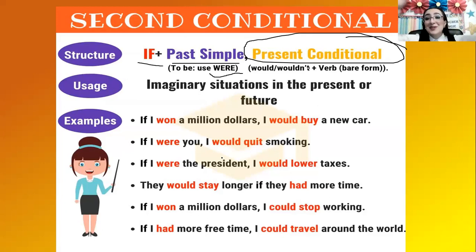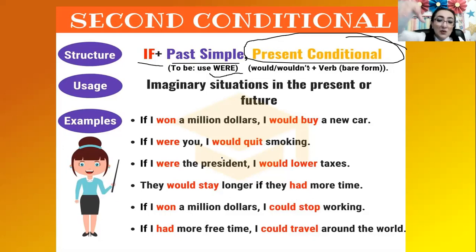If I were a president, or if I were the president, I would lower taxes. They will stay longer if they had more time. If I won $1 million, I could stop working.